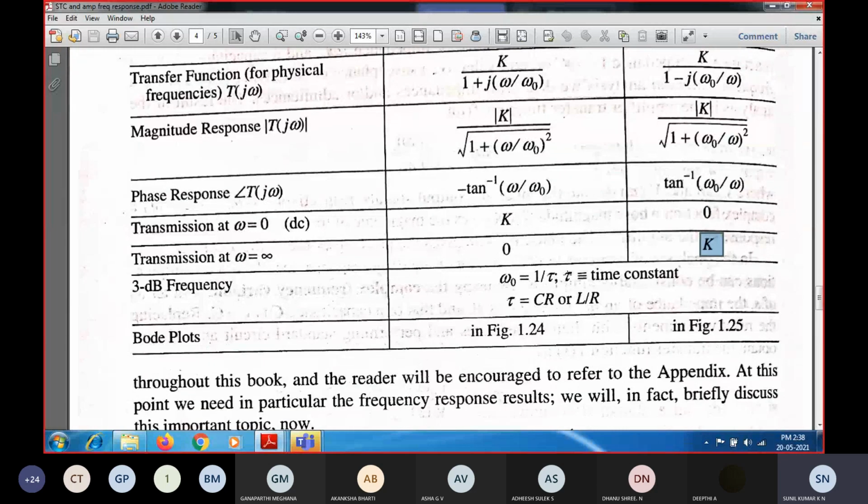So this is how you find it. Now, the 3 dB frequency: for a given single time constant network, realized with one R and one C component, the 3 dB frequency will be equal to 1 over R into C, or C into R. That gives the 3 dB frequency for any single time constant network, which has one reactive component and one resistive component. So this is the 3 dB frequency plot.